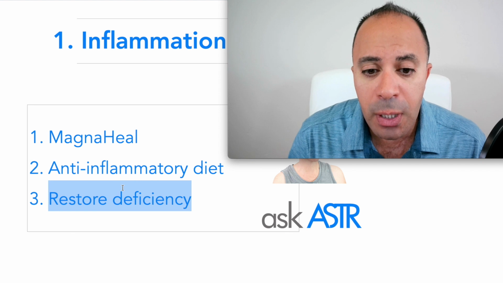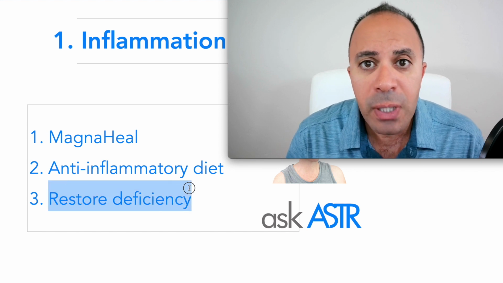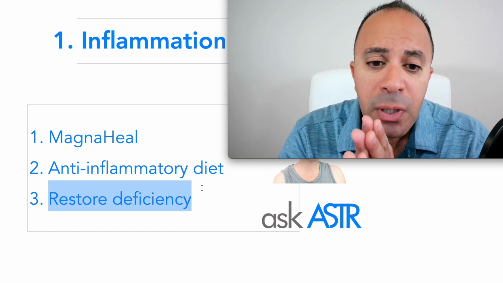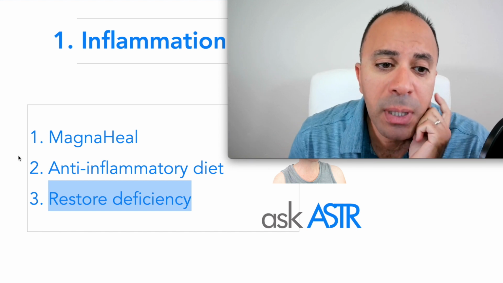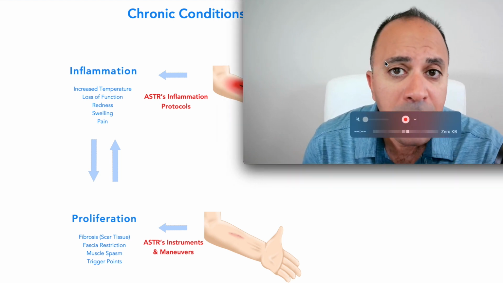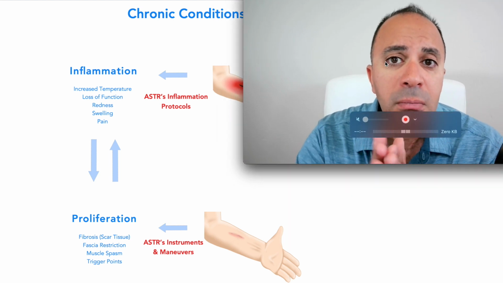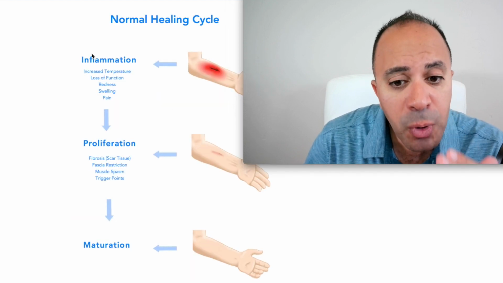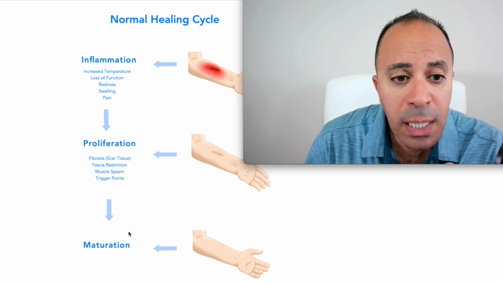in the future. The other thing that's very important and overlooked by a lot of healthcare providers is that if you have a deficiency, your body is gonna be in chronic inflammation, because you need magnesium, you need D, you need B, you need other vitamins and minerals for your body to transition from the inflammation stage to the proliferation stage to the maturation stage.